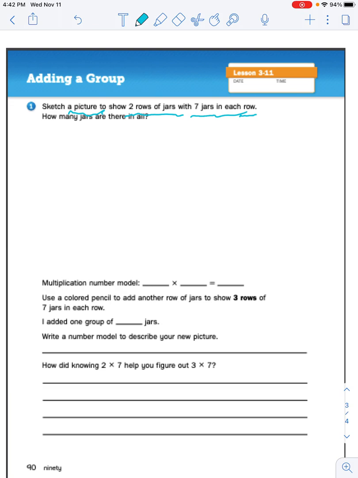We know that the rows are the first number in a multiplication sentence, and the number of the item in the row is the second number in the multiplication sentence. So that's how you're going to find out what you put here, what the first one is, and what the second one is. Okay? And then once you've drawn your picture, then you may answer the equals sign.